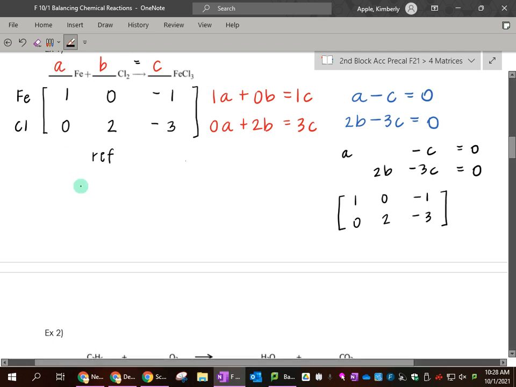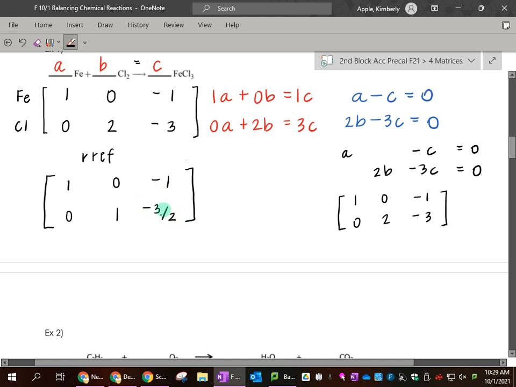Okay. So let's do the reduced row echelon form for this matrix. Let's see, what did I end up getting here? I ended up with 1, 0, 0, 1, and I ended up with negative 1 and negative 3 over 2.